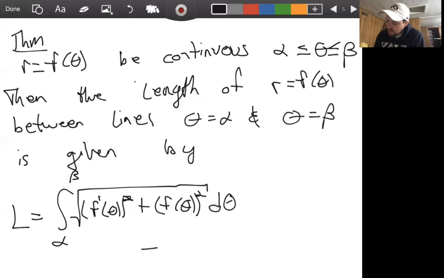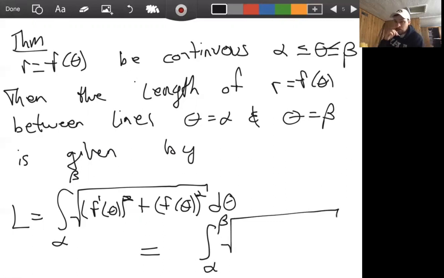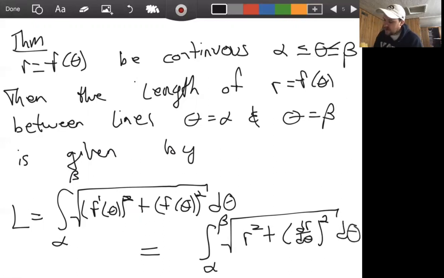Another way to write this, if you'd like, is the integral from alpha to beta of the square root. I'm going to flip the order of f and f prime here, but it doesn't matter, addition's commutative. This is the same as r squared plus dr d theta squared, d theta.